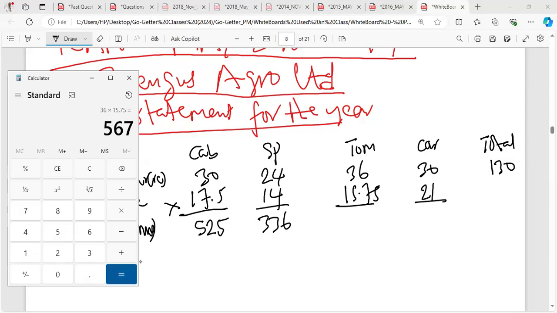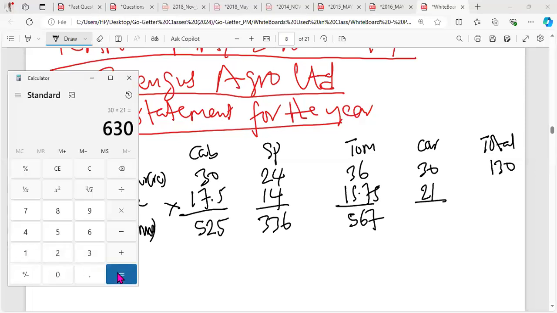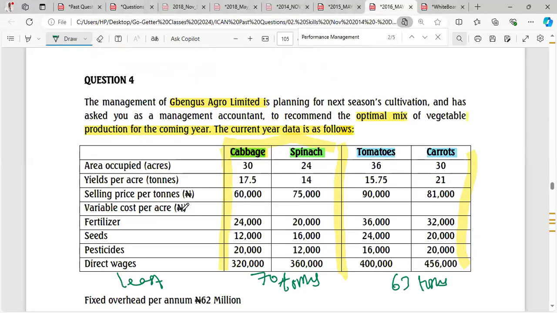That gives me 567. Then of course we have 30 multiplied by 21. That is 630. All right, so we have total yield.